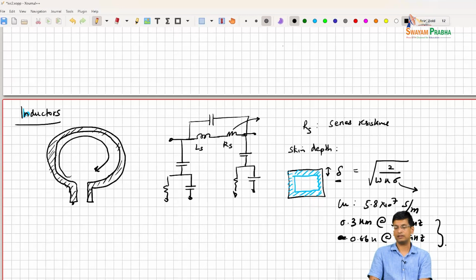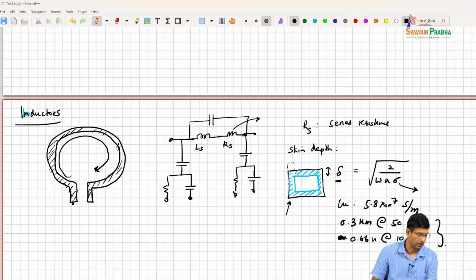Given this scenario, one thing that we should remember is that it still helps to have a thicker metal, because if you have a thicker metal on this side, you are increasing the area of the conductor.